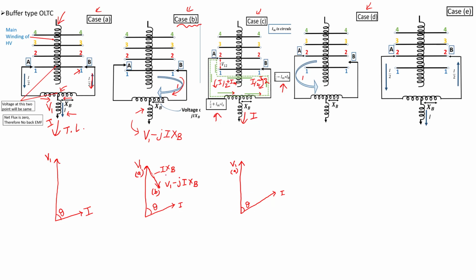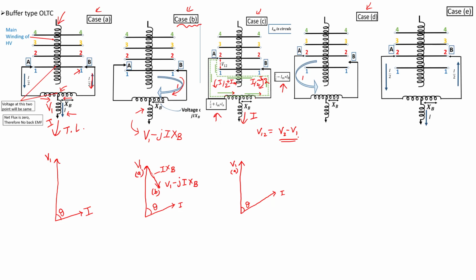Now the magnetization current is at 90 degrees to V1. V12 is the voltage that is appearing across the coil, and V12 is simply V2 minus V1. This voltage is appearing across this coil altogether from here to here. Therefore, the magnetization current is perpendicular to V12.